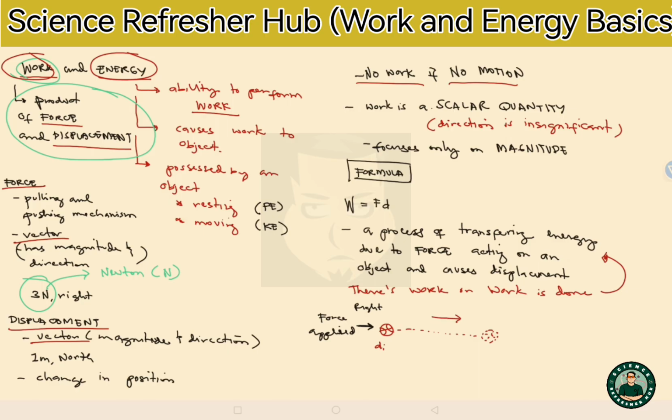We have initial displacement and we have final displacement. Let's say we have 2 meters here. That's the displacement. Look at the direction of the force. The force is going right, and then that force causes the object to move from one point to another, or displacement following the direction of the force. Work is definitely in that scenario. So I hope it makes sense, right?